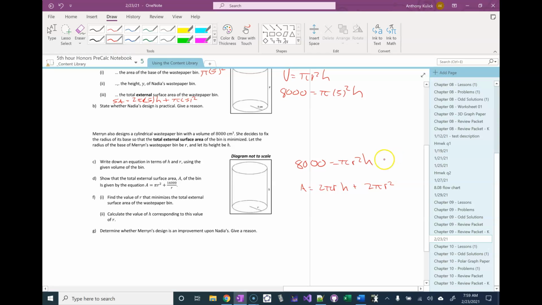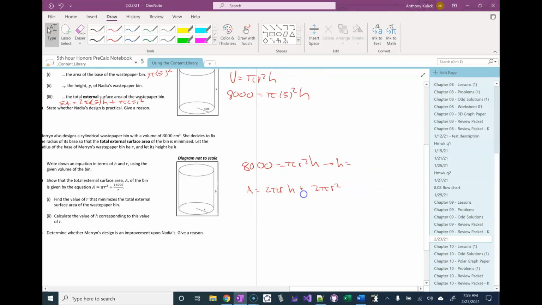So I'm going to solve that volume equation in terms of h, and then substitute it into this equation so that I don't have any h's.